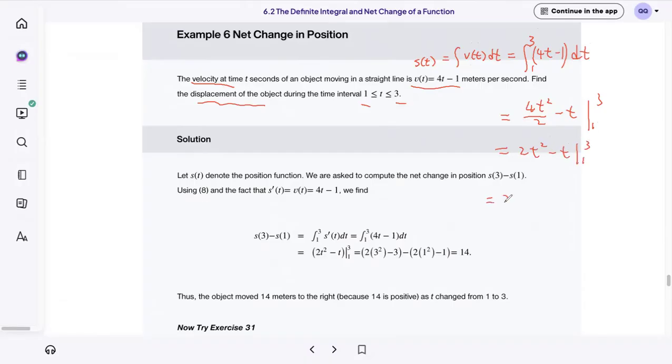So we evaluate at 3, then minus we evaluate at 1. Well, 2 times 9, 18, minus 3, minus 2, plus 1. So 15 minus 1 is 14. So we use definite integrals to find the change between 2 points.